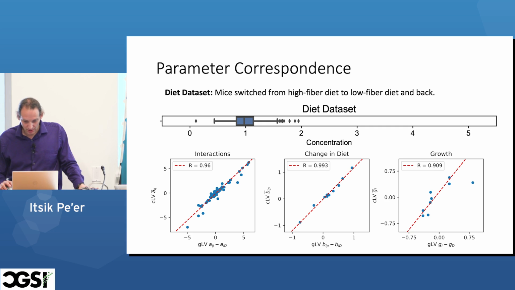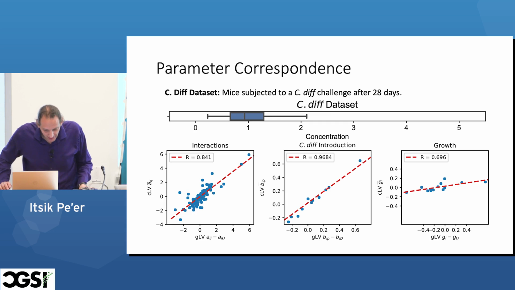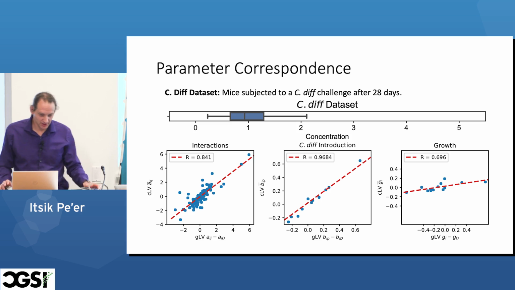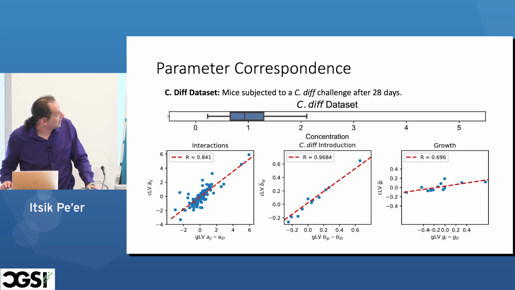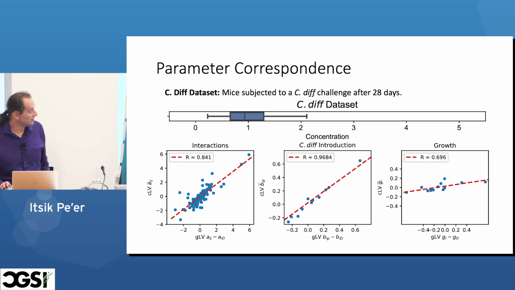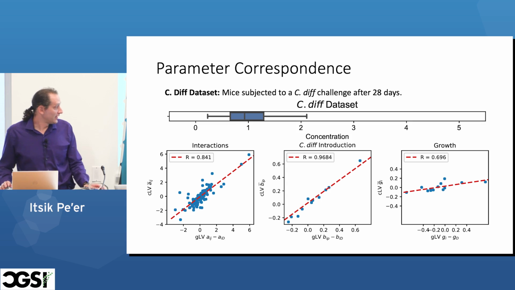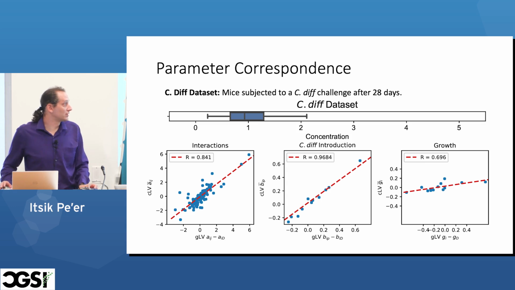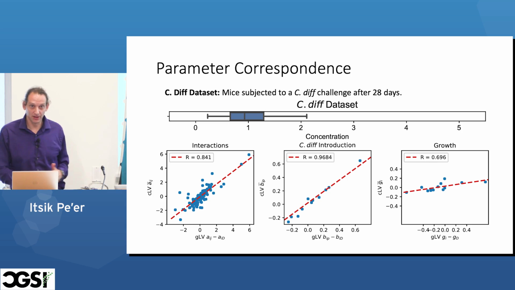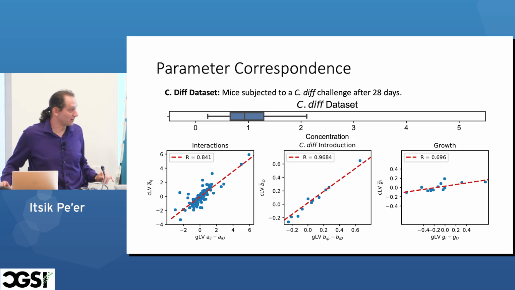For the other data set I mentioned, again, the total composition varies about an order of magnitude. The results are somewhat less impressive. Still, the effect of the actual perturbation, which arguably is the major point of the experiment, is relatively accurately inferred.